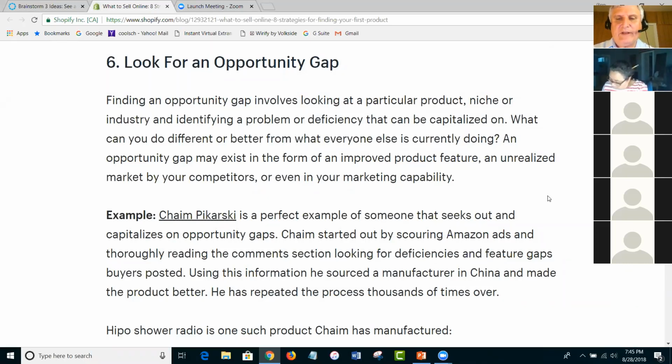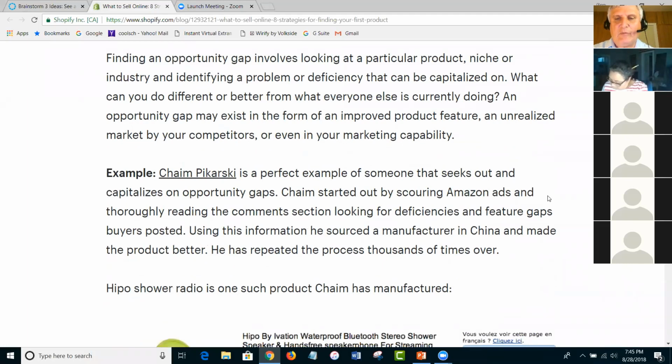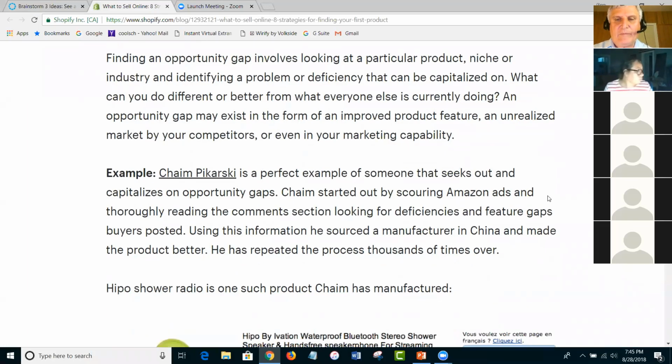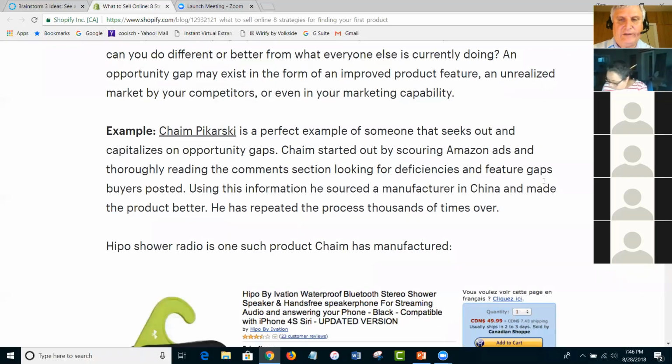And so they give an example here of a guy that went through all the Amazon ads and found out what people were complaining about for certain products, and he created products that were better and didn't have the same deficiencies.